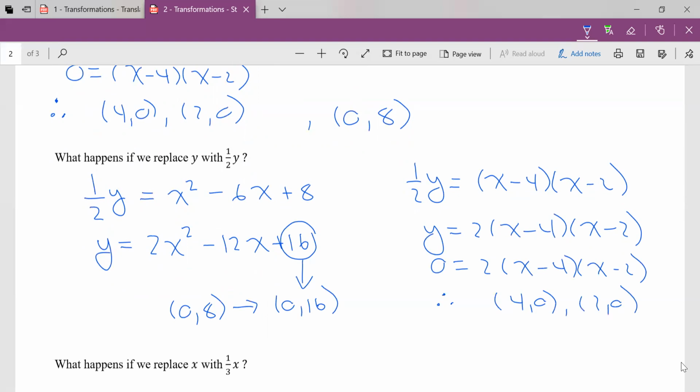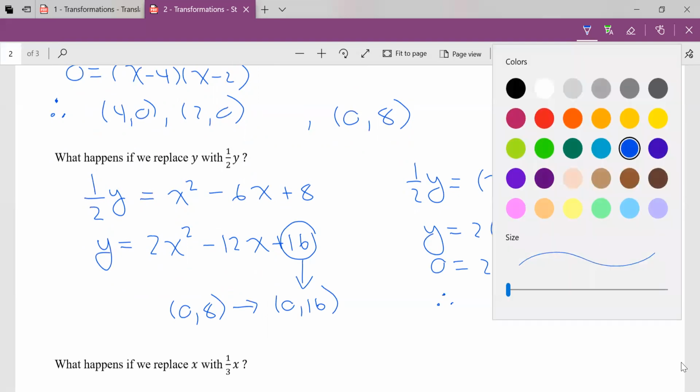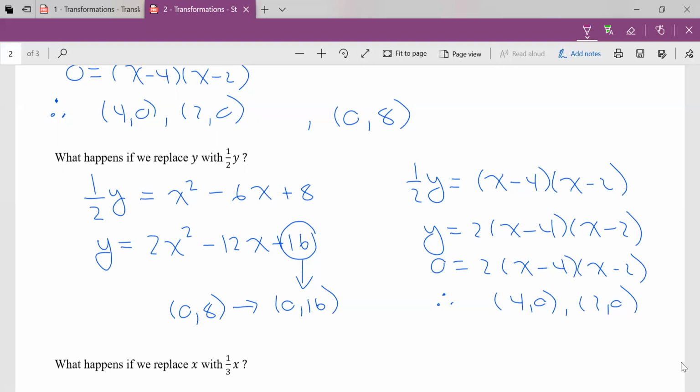So what just happened here? When we replaced y with 1/2 y, the only thing that changed was our y-intercept, or what I want you to think about in more general terms, the y values. And what happened to our x values? They stayed the same.